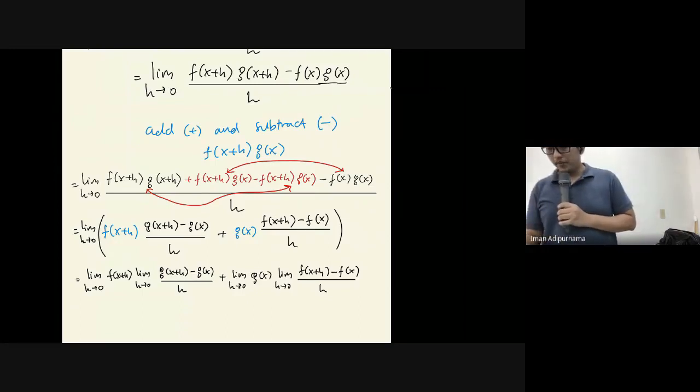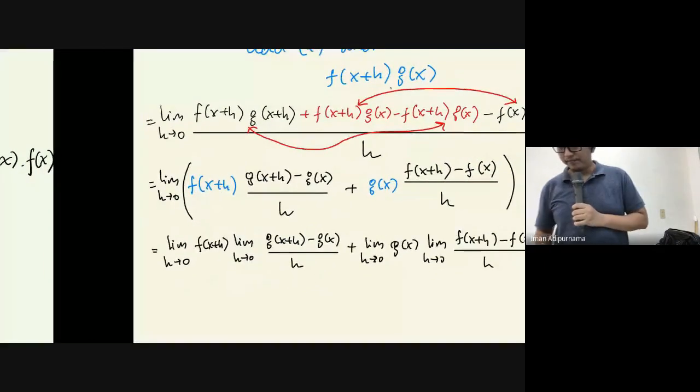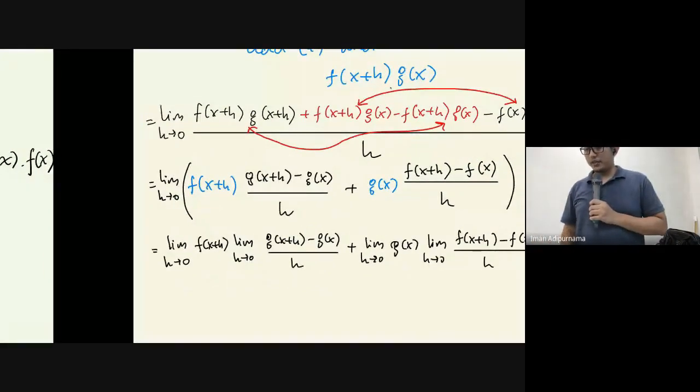Okay, and then what will happen here? We just solve the limit by putting in 0 inside the equations.